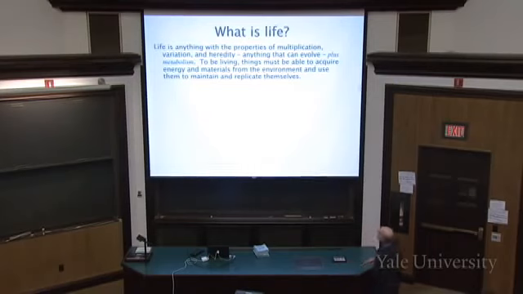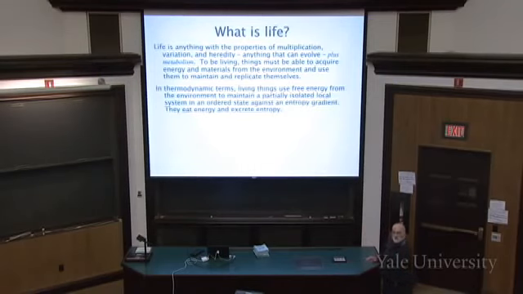And what we really mean by metabolism is something about thermodynamics. A living thing that has metabolism is using free energy that it's getting from the environment, and it's using that to maintain a partially isolated system. It's a local system. Your body is a partially isolated local system. And it's doing so to keep it in an ordered state.